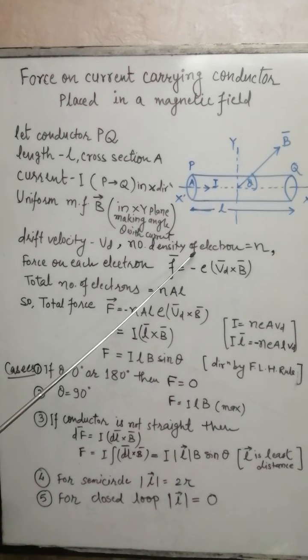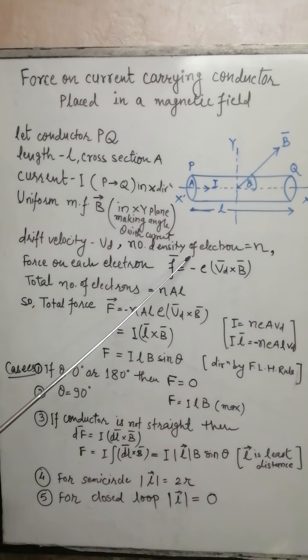Now we know that the electron density is n and the volume of this cylindrical conductor is A into L. So the total number of electrons in this conductor will be nAL, where n is number of electrons per unit volume and AL is the total volume of the conductor.